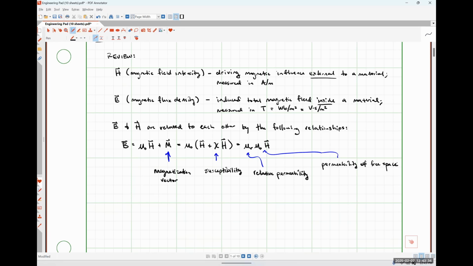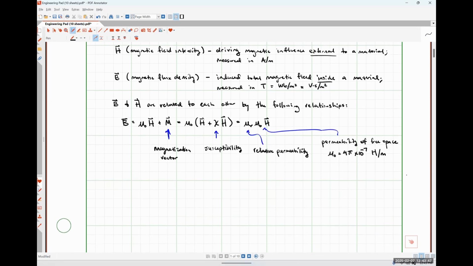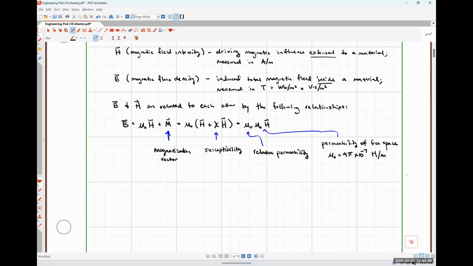And it is equal to 4 pi times 10 to the minus 7 henries per meter, where for those of you that aren't super familiar with the units of inductance, a henry is a volt second per ampere or a Weber per amp.